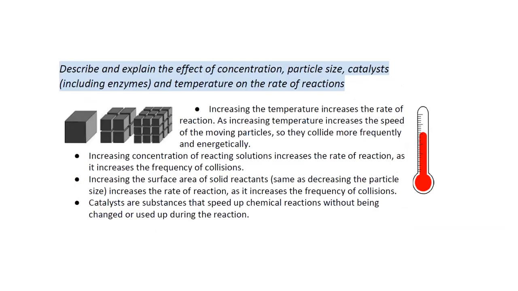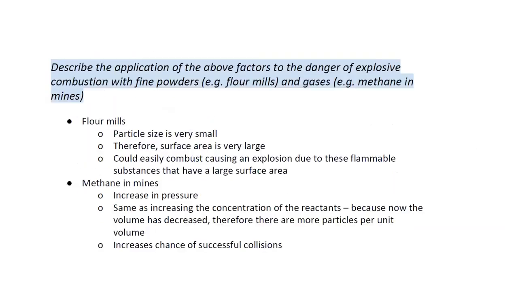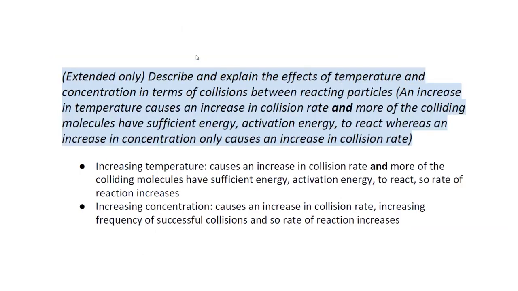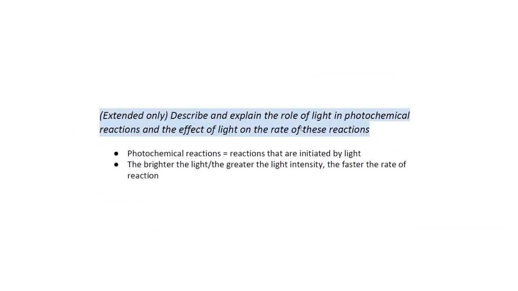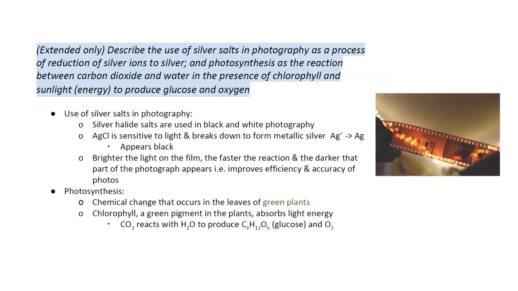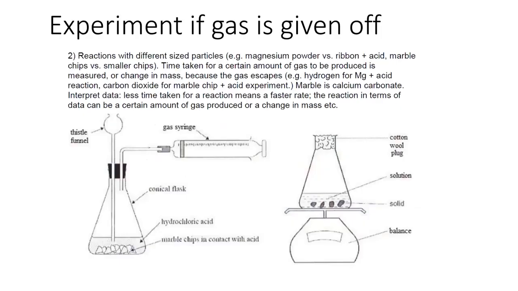The factors which affect the rate are concentration, temperature, surface area, and pressure, which is only valid for gases. Then the photochemical reaction: a reaction which is affected by light, we call a photochemical reaction.